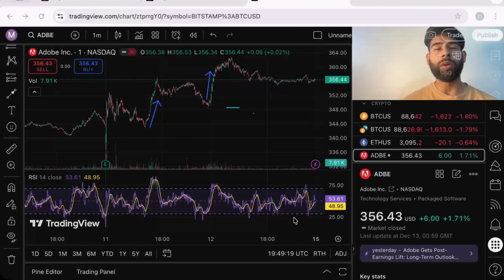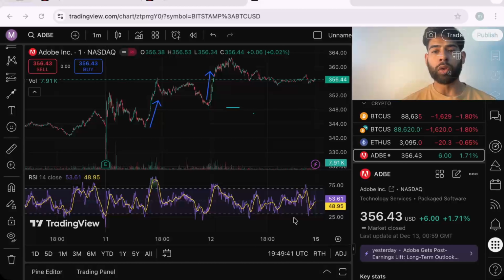Another very important thing to bear in mind is a date. The option, whether it's a call option or put option, is going to have an expiry date. So if your intended price hasn't been reached by that expiry date, your option is going to be worthless.